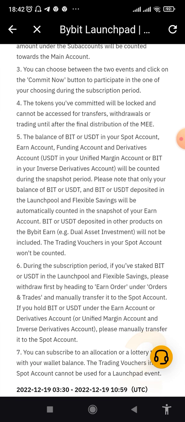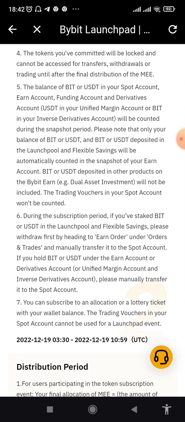The amount of token that you have committed will be locked and cannot be accessed for transfers or withdrawals until the final distribution of ME. To be honest, when they are distributing the ME, it will depend on the amount of BIT or USDT that you have staked.